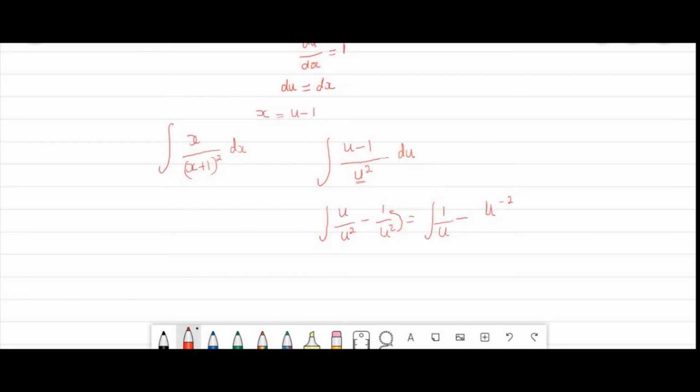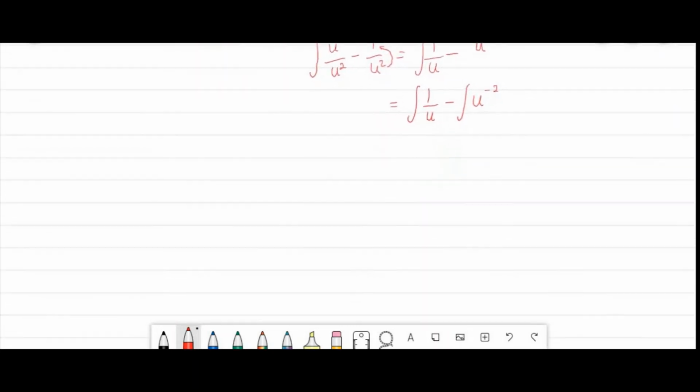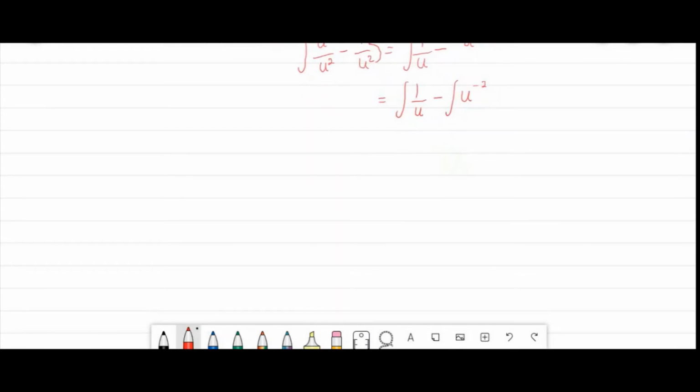So therefore, I can give each function an integral and say an integral of 1 over u minus an integral of u to the power negative 2. So to integrate this, what is the derivative of u?